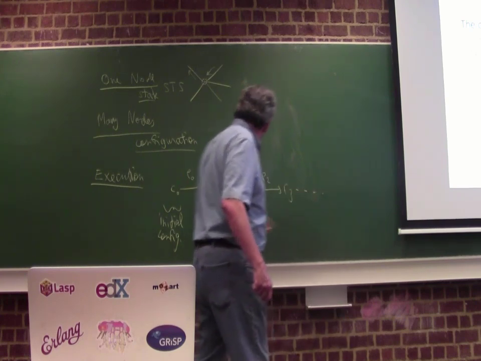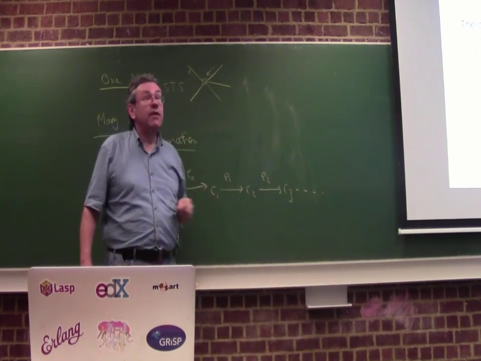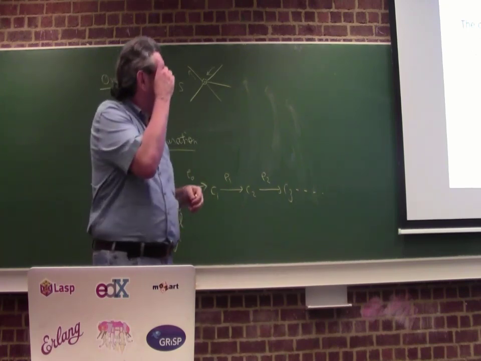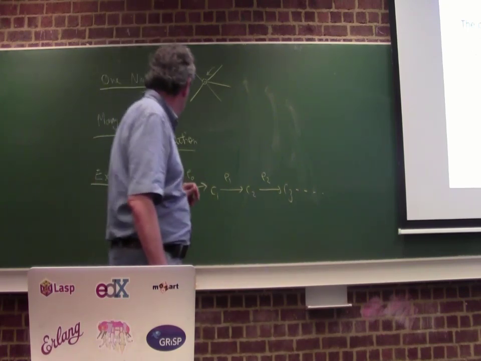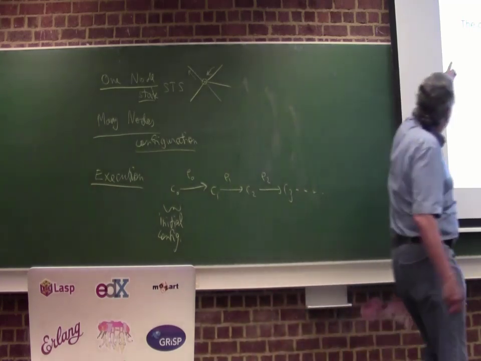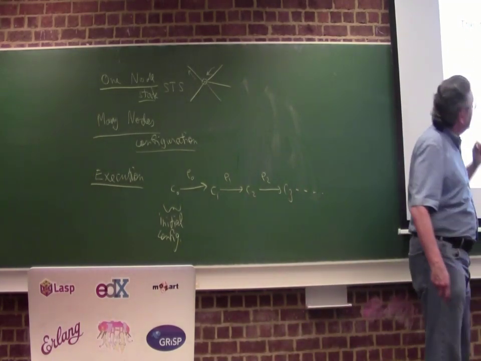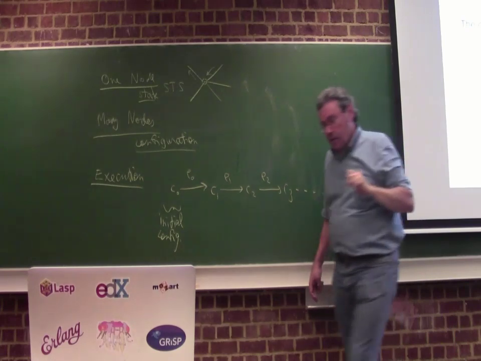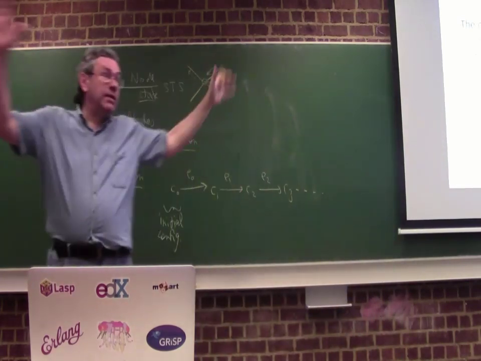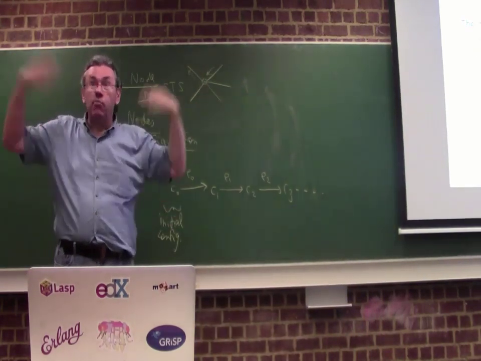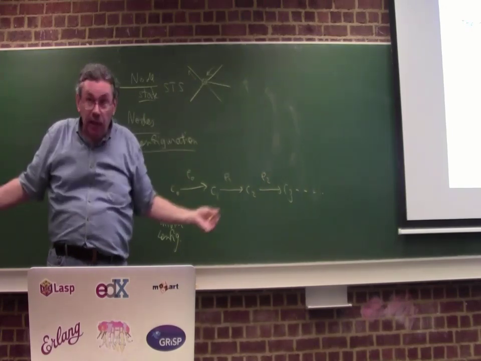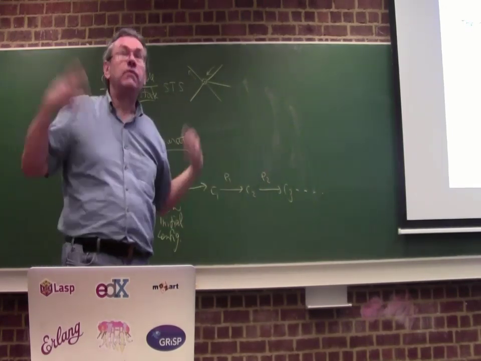So the system is going to execute in terms of events. And there's two kinds of events. There's computation events and delivery events. So in fact, we have this big system with many, many nodes, and all of them are running in parallel, okay? They're all doing stuff simultaneously.